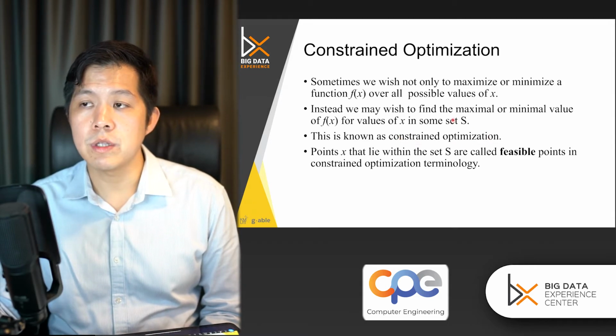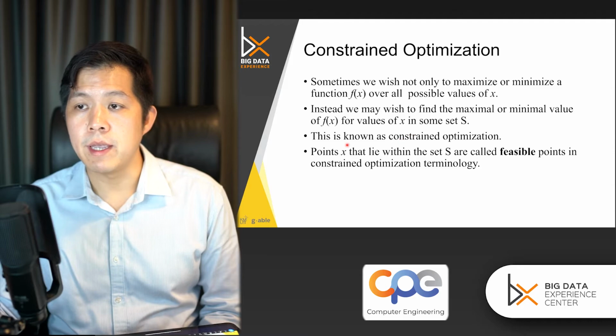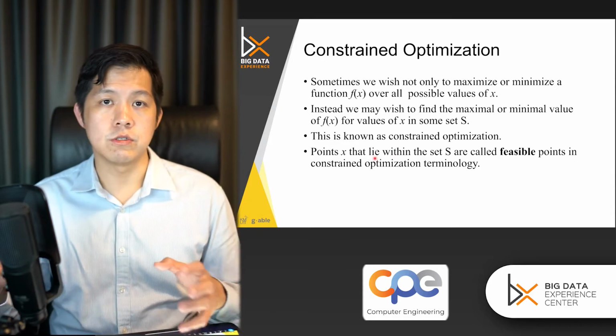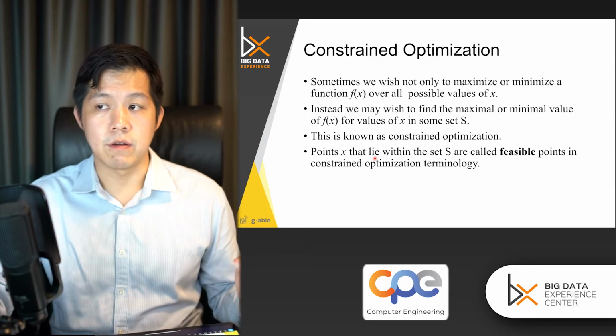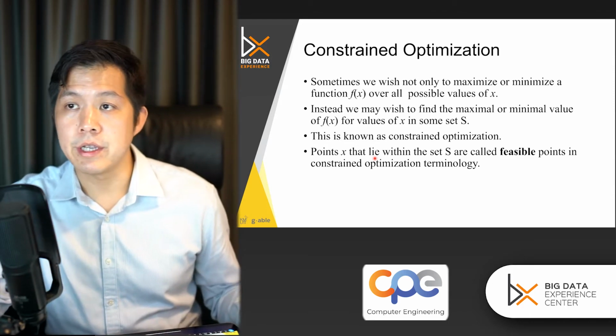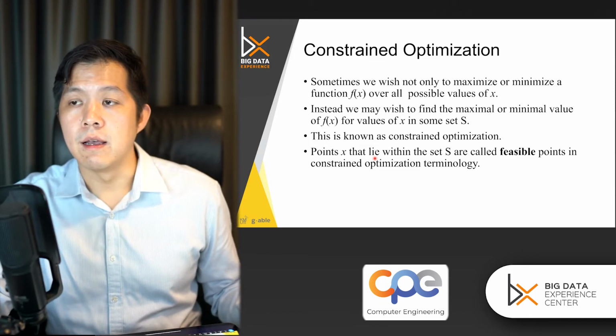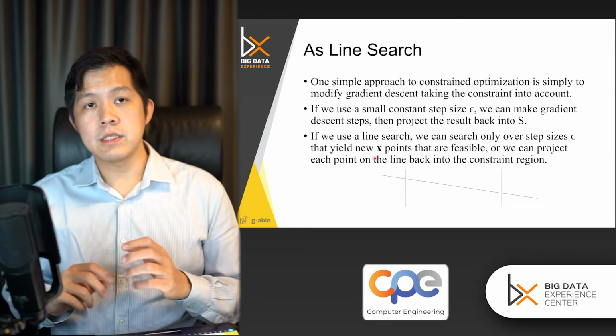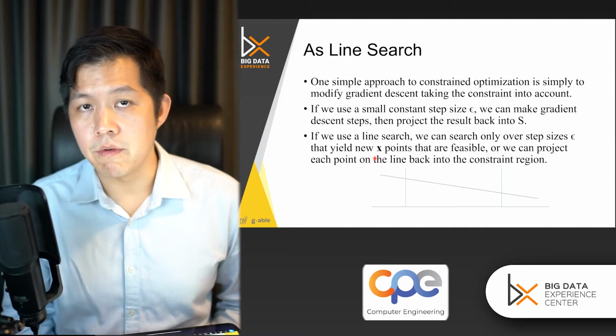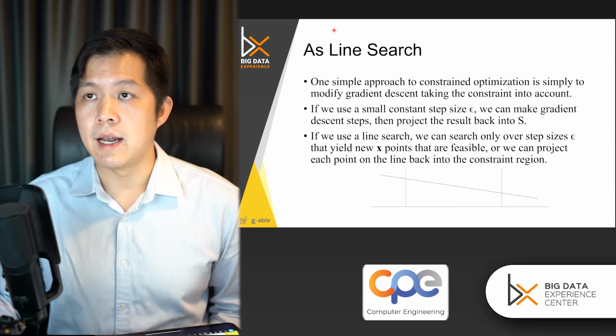In the optimization with some constraint, usually there would be a feasible region, right? Feasible regions are the regions that the solution, when it lies onto those regions, are feasible. We need to usually define the constraint, and then the optimization has to find the value that fits into the constraint that we defined. Let's take a look at a simple example here as a line search.